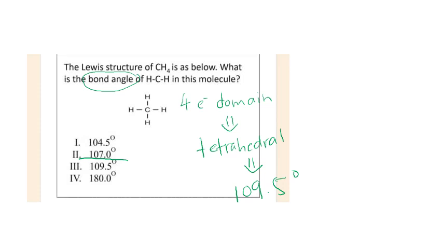So the answer is option 3. 104.5 is the bond angle for water, while 107 or 107.3 is the bond angle for ammonia, and 180 is the bond angle for compounds with a linear structure.